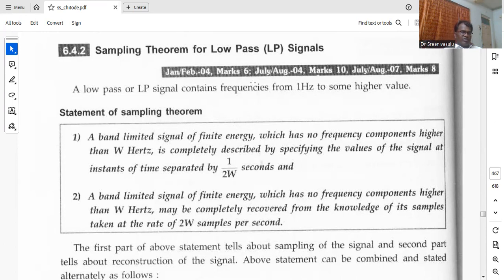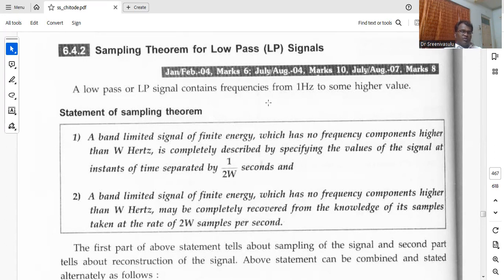After identifying the frequency components, you select the maximum frequency. That is going to play a major role here. Now we need to design a low pass filter with that cutoff frequency. What is the need for designing a low pass filter here?